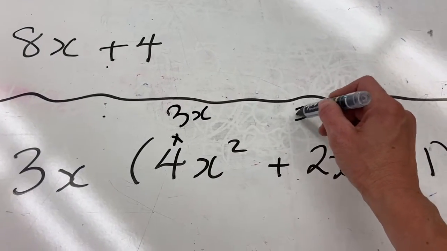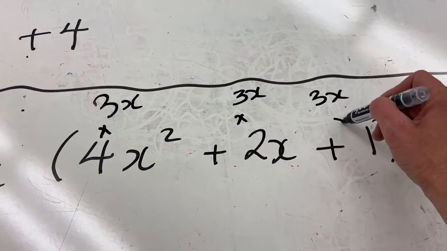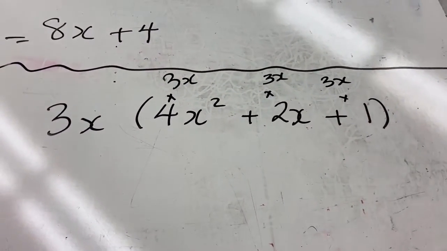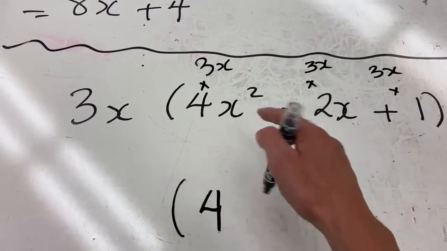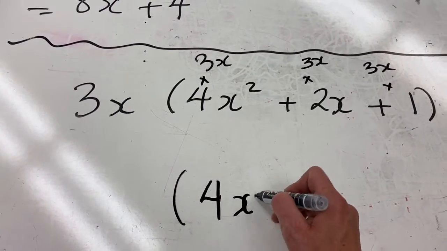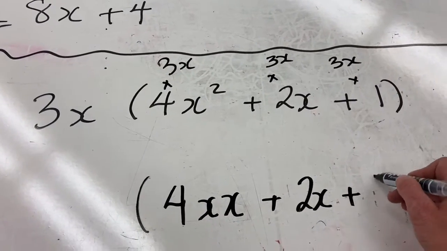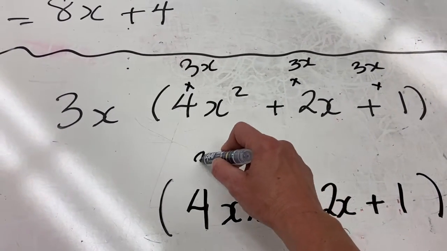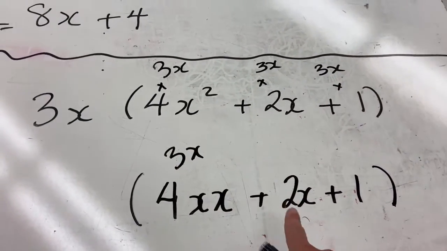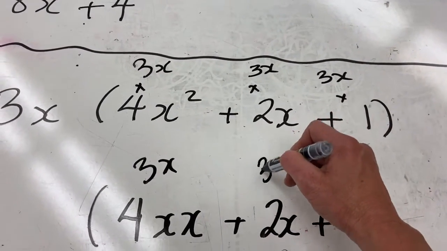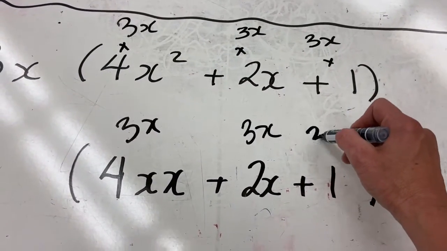I want to remind you, you might have forgotten, that when we have 4x squared, it means 4 times x times x. Here we have 2x, here we have 1, and we want to multiply the 4x times 3x. We want to multiply the 2x times 3x, and we want to multiply the 1 times the 3x.